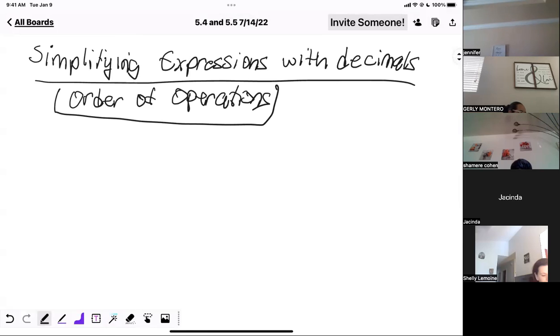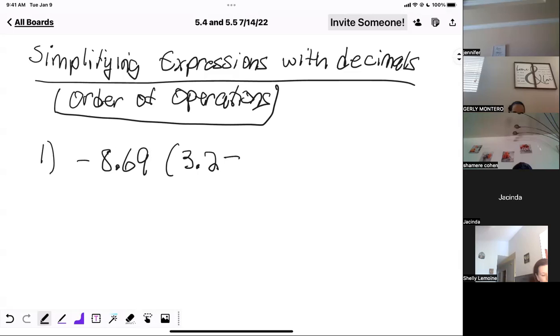Okay, so 1, I have negative 8.69 times 3.2 minus 1.8. So order of operations says I have to do the parentheses first, right? So 3.2 minus 1.8.